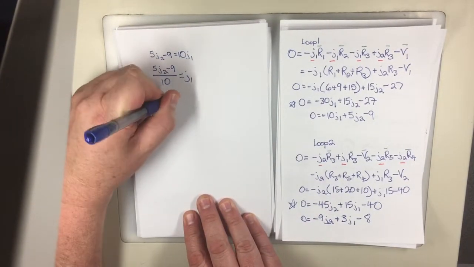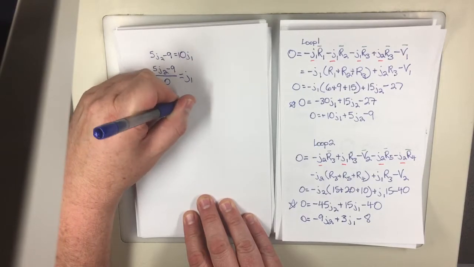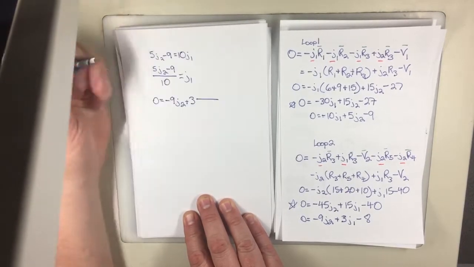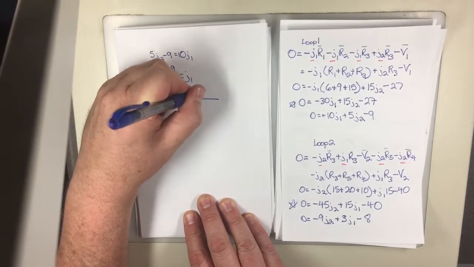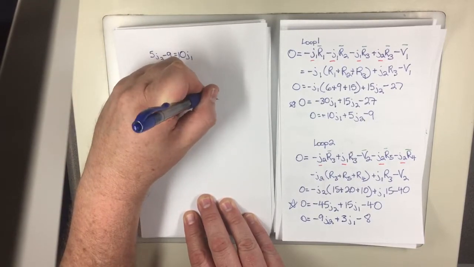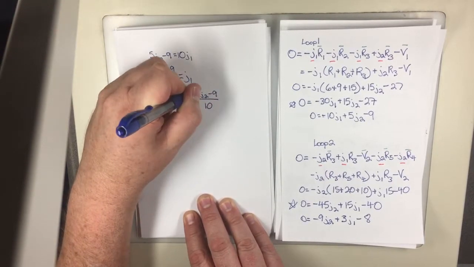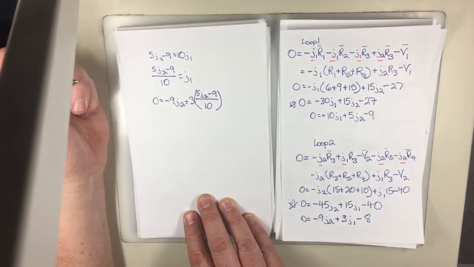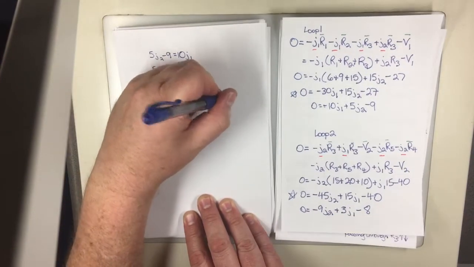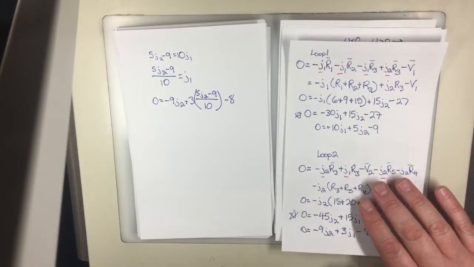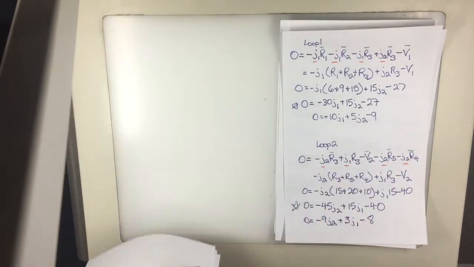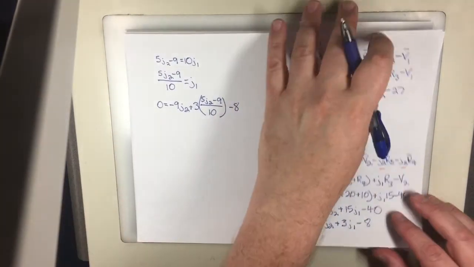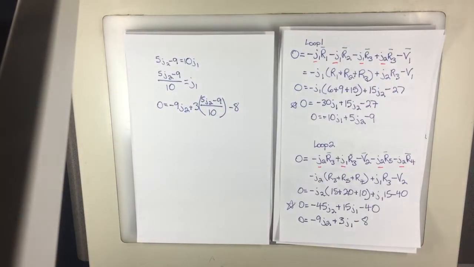0, negative 9J2 plus 3 times (5J2 minus 9) over 10, minus 8. Now we have an equation that only has one unknown. We can now solve for it.